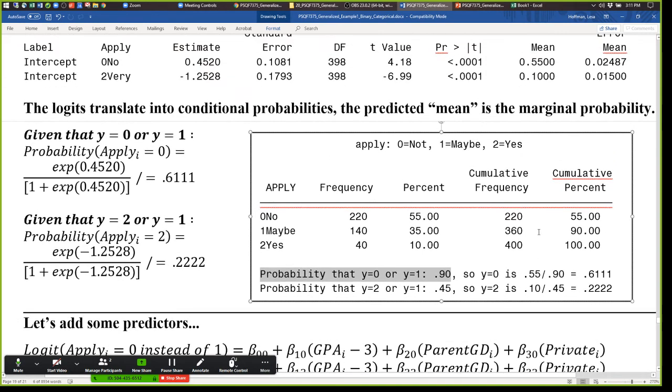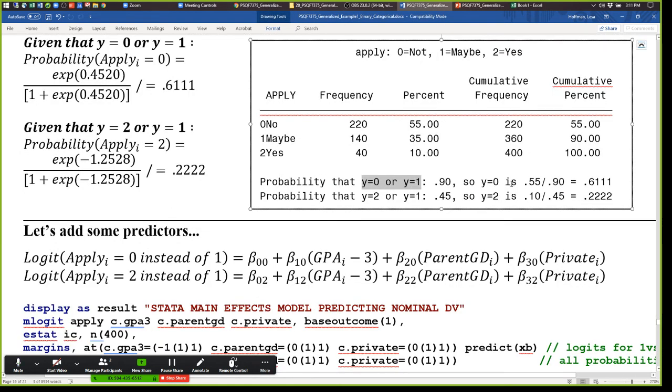So this 0.55 here is not the probability of a 0, even though you would think that's what it is. The probability of a 0 from the first submodel conditions on the possible values that are in the submodel, 0 or 1. So the probability of a 0 in that submodel is actually 0.611, because it's 0.55 over the 0.9 that's possible.